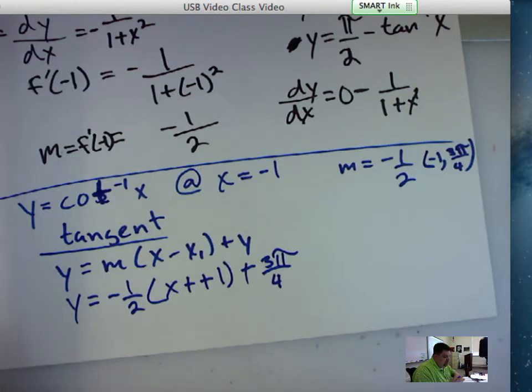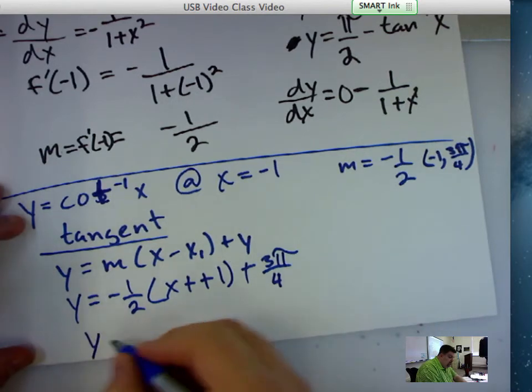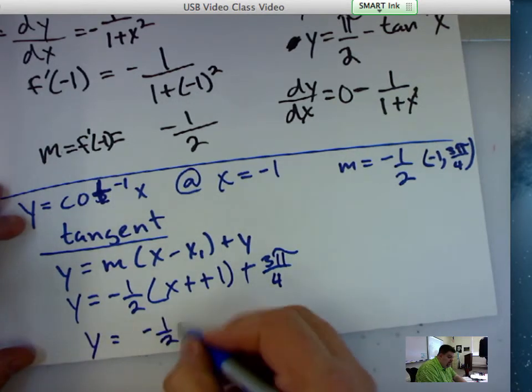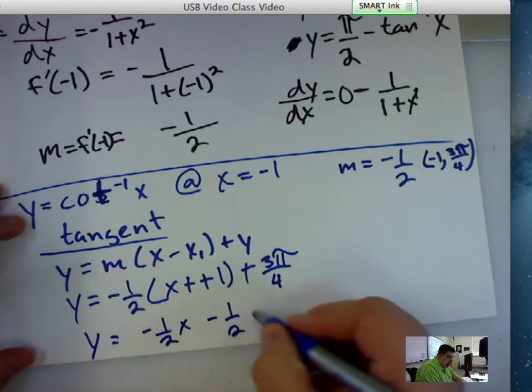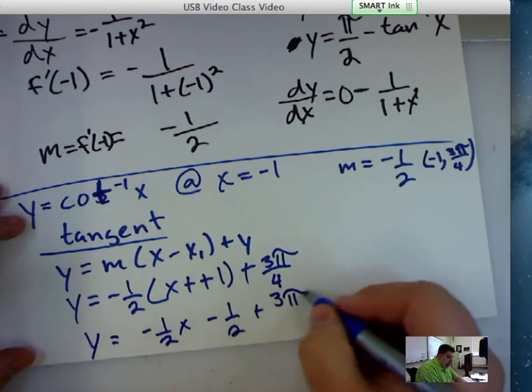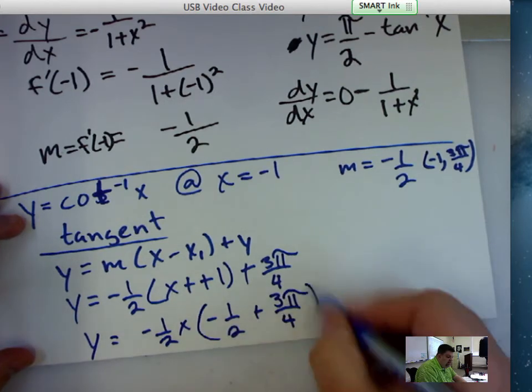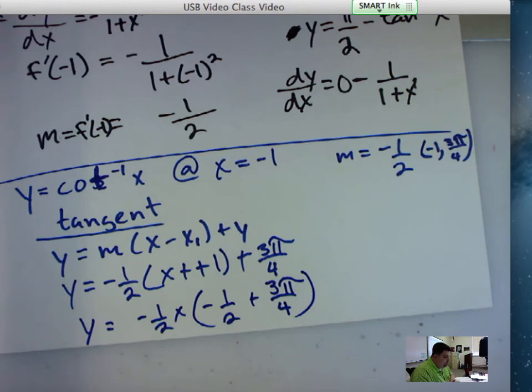And you could probably figure out the rest from there, right? From there, it would be y equals negative 1/2 x minus 1/2 plus 3 pi over 4. And this you could kind of leave alone if you wanted to, however you want to address that. You can find a common denominator, put them together, whatever you want to do.